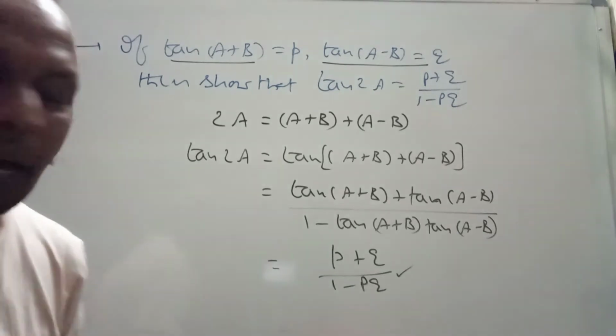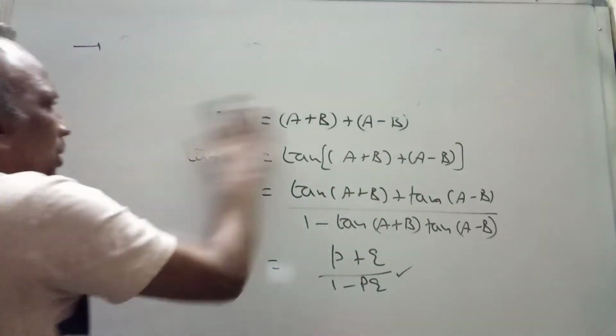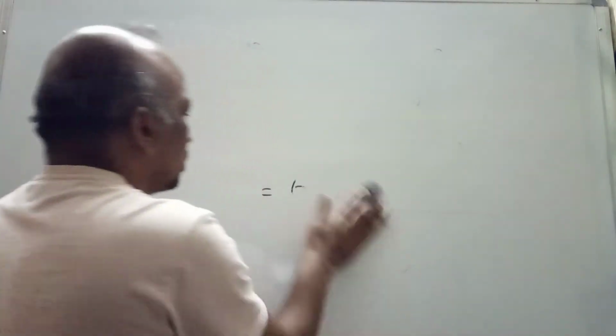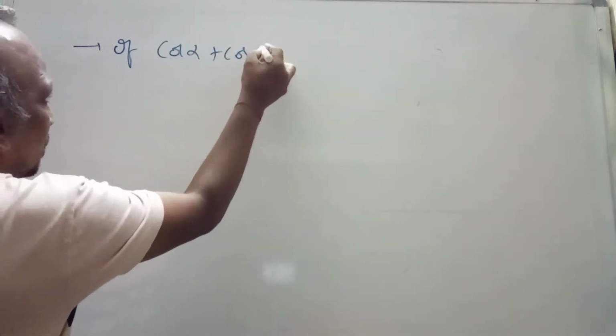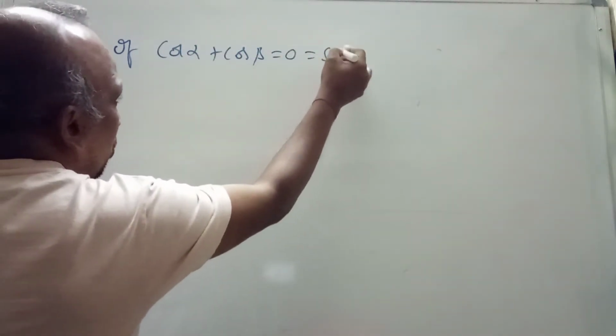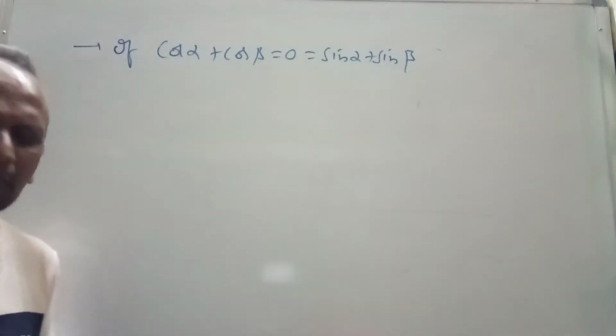Next, I am going to explain another problem now. See, the other problem is given here. So that is a simple problem. In this problem, they are given cos of alpha plus cos beta equal to 0, which is equal to sin alpha plus sin beta. This is the result they are given.